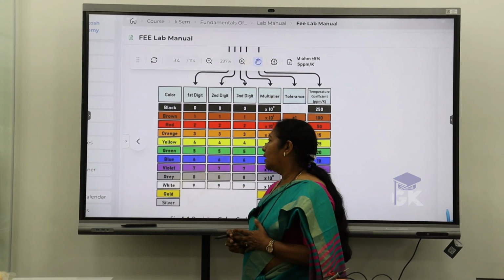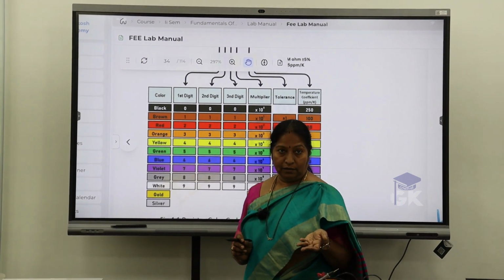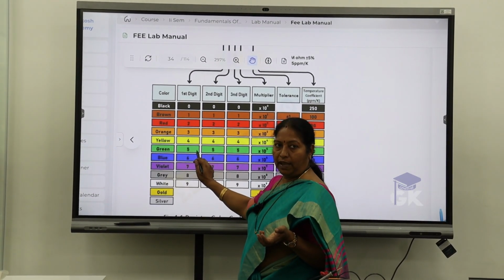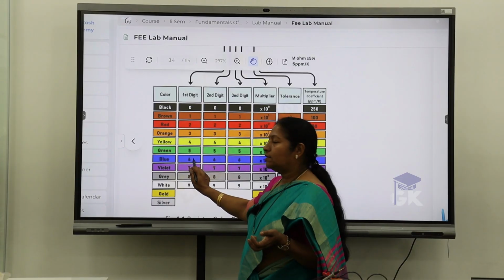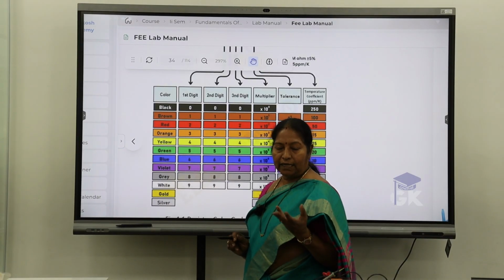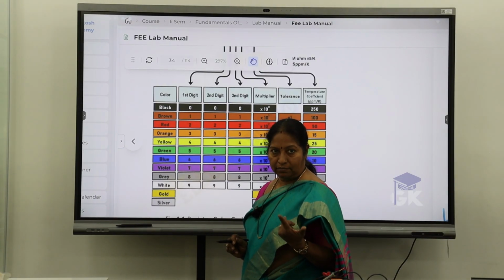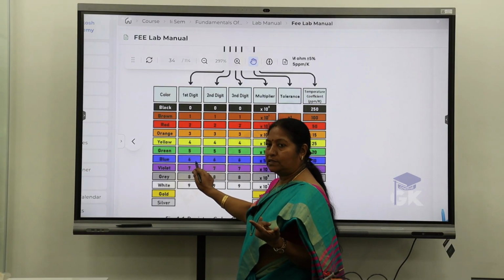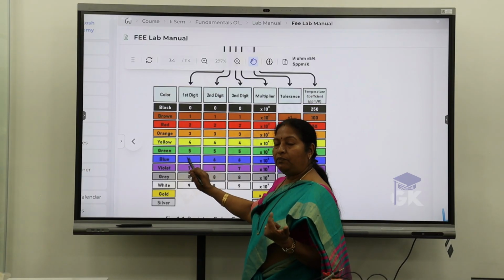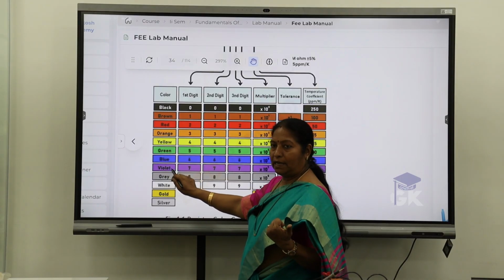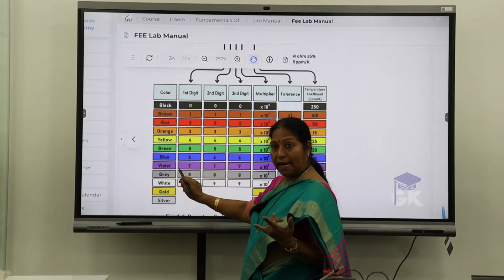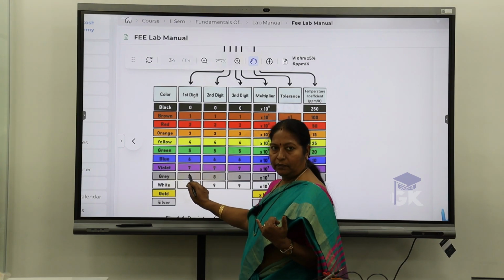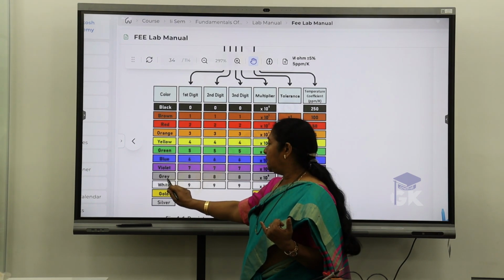Girl: G is the first letter, green, so it is 5. And blue is 6, for but: B is blue, its value is 6. Veena: V is violet, 7. Gets: G for gray, so it is 8.